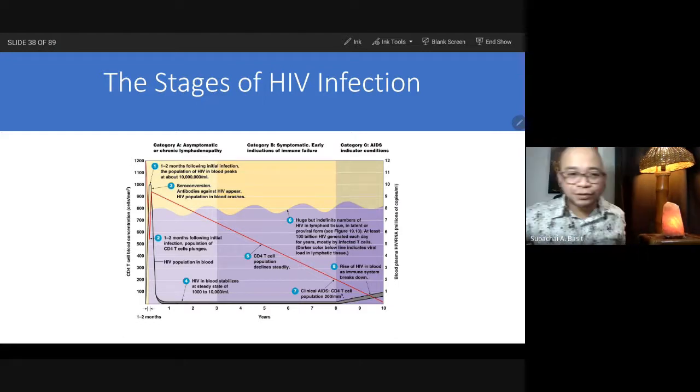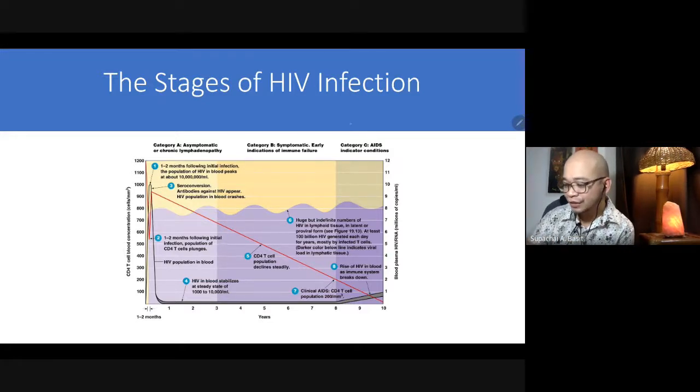Okay, so as you can see, CDC has divided it into Category A, Category B, and Category C. So Category C is already the AIDS. Our indicator here is you have less than 200 cells of CD4 times 10 to the 9 per liter. So Category A is characterized by asymptomatic or chronic lymphadenopathy.